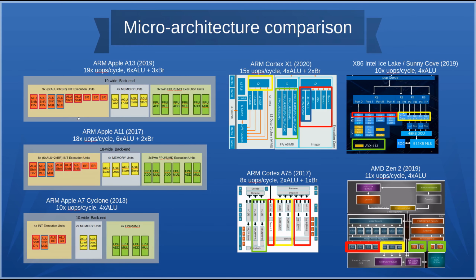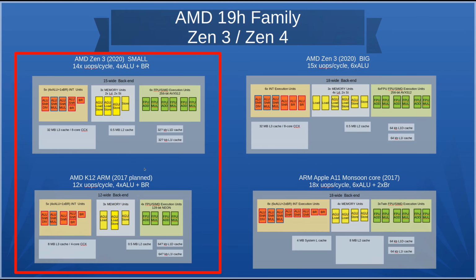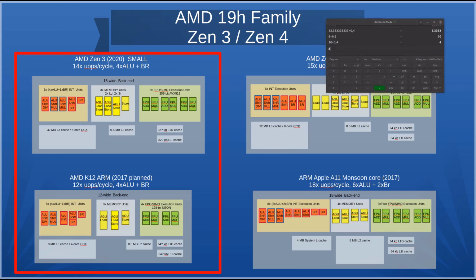But let's go back to Zen 3 memory units, because this is what we need to figure out. In this setup, when we have a 5-wide integer and 6-wide floating point, so it's totally 11 units.